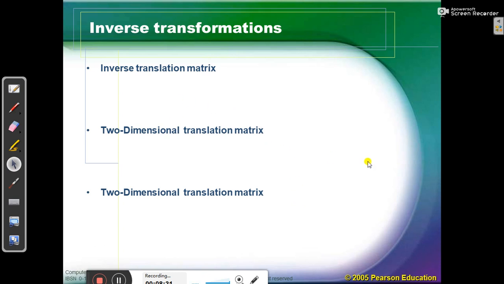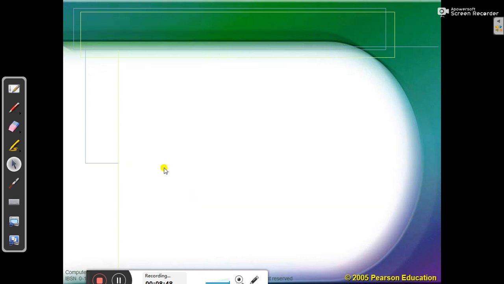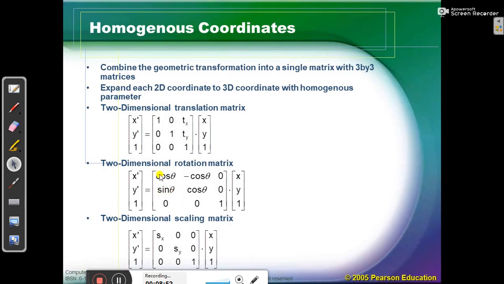The same can be done for inverse translation: you just need to put the negative. To rotate inversely, you can see in the previous slide the signs were positive, negative, positive, positive.